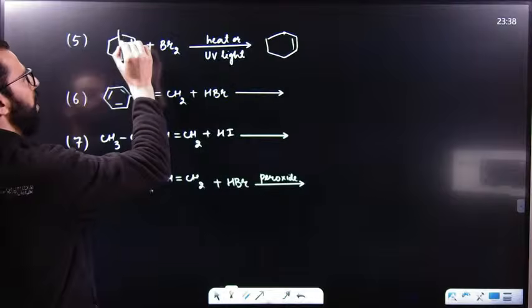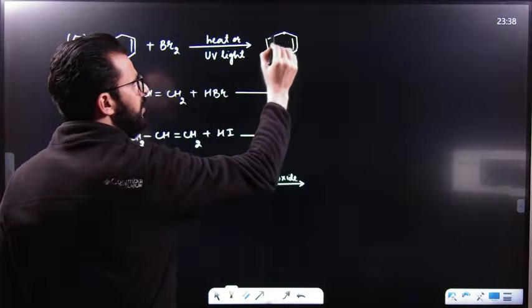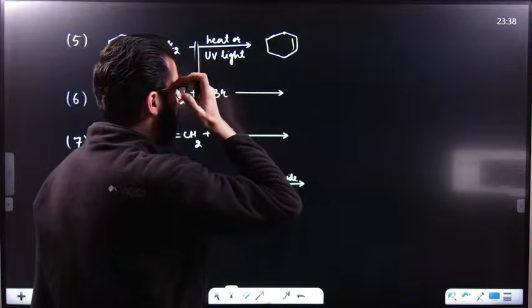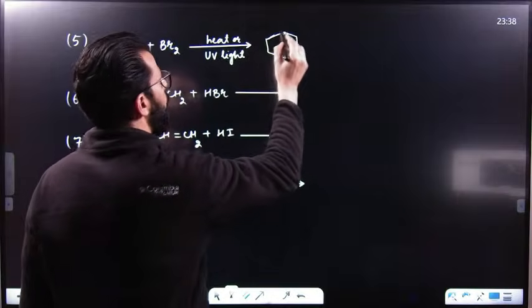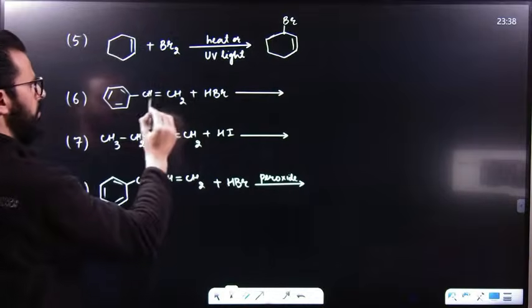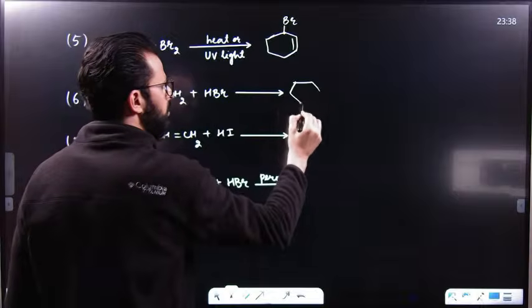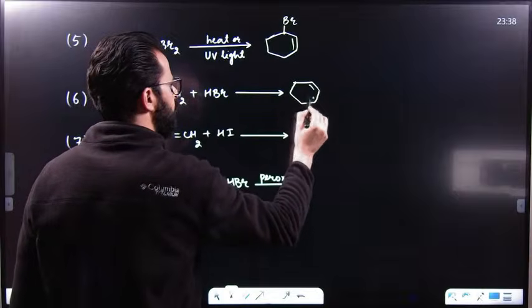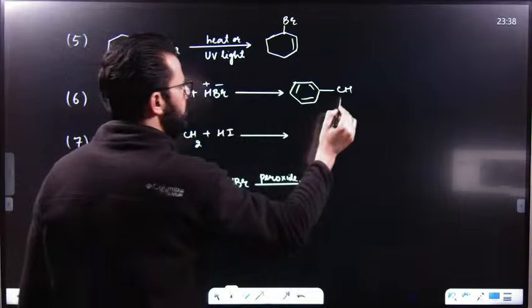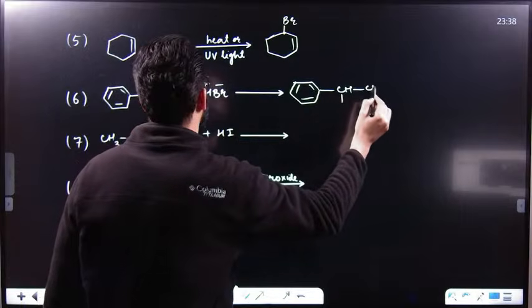So you have to remove H, form an allyl radical, and after that you have to check all the resonating structures of those allyl radicals, and after that you have to add Br radical. So this is the product of this reaction. Now here it is a simple electrophilic addition reaction, and the negative part of the addendum goes to that carbon which is having lesser number of hydrogens.